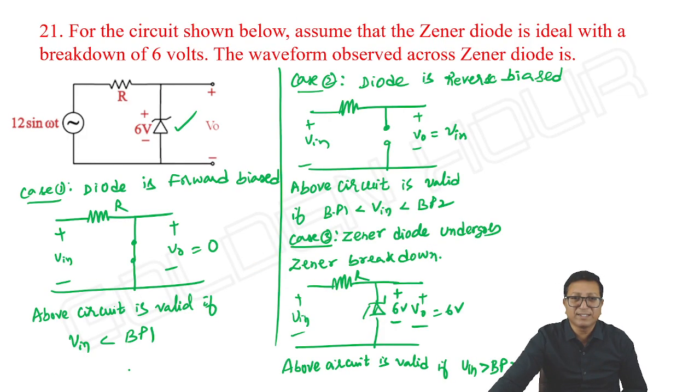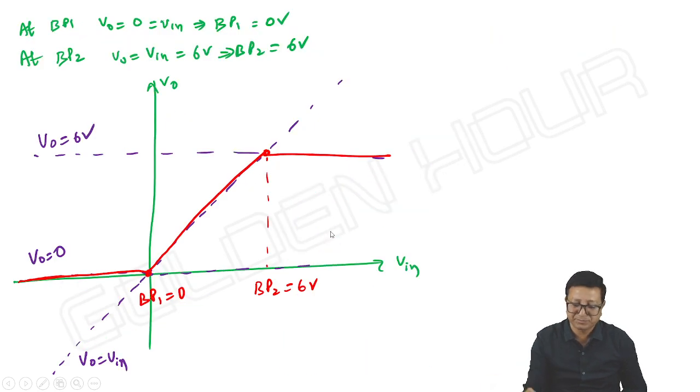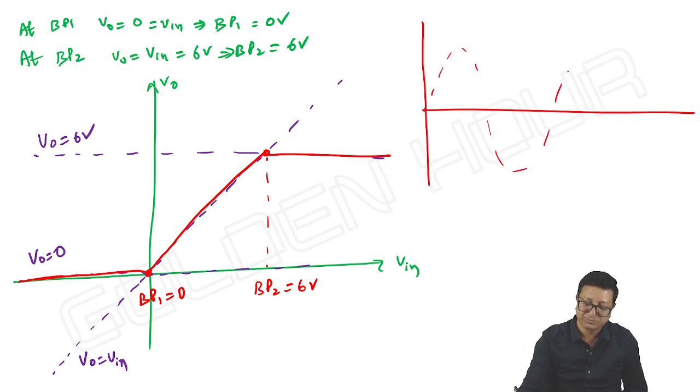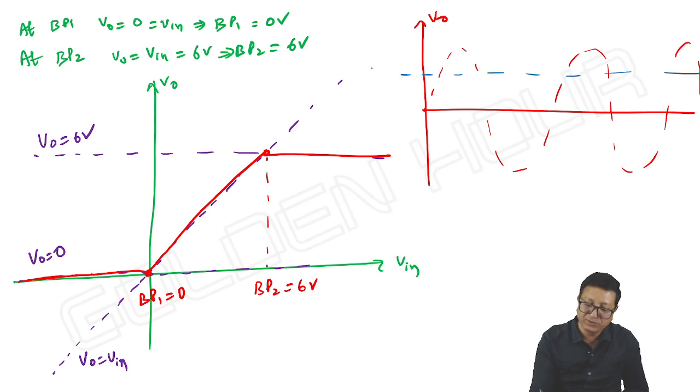But what they are asking us is the waveform observed across the diode. First case, let me take with respect to the 6 volts.